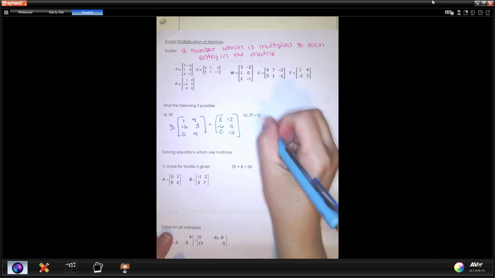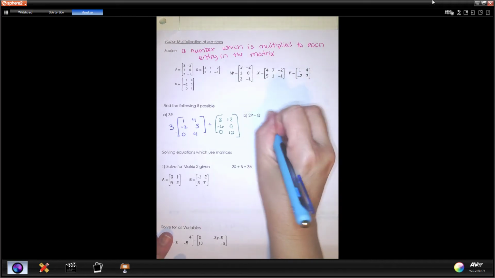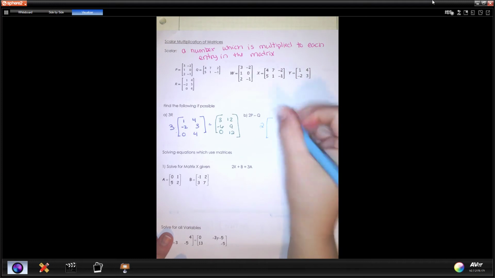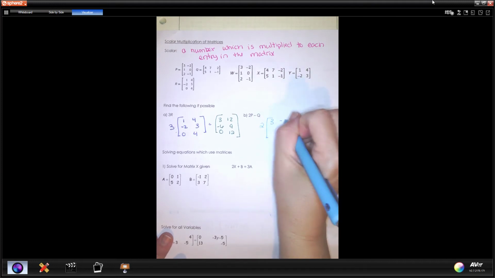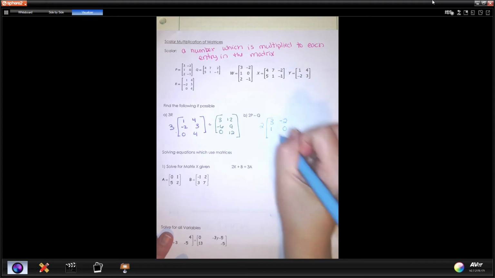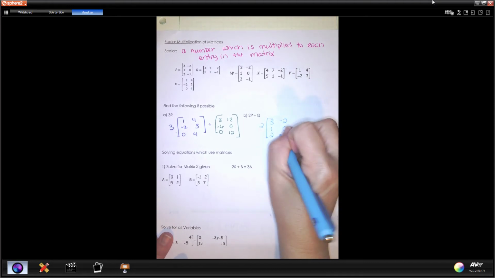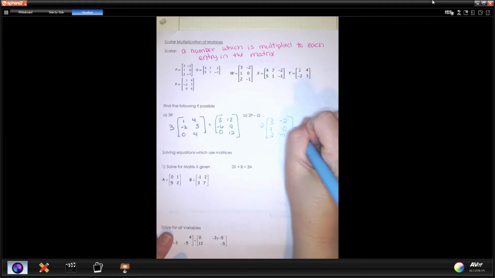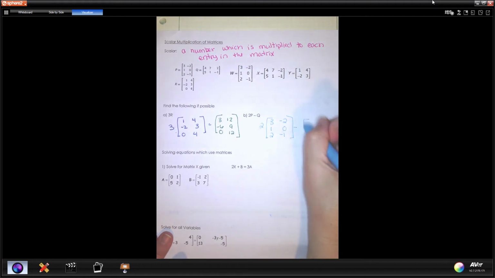But if this is saying we're going to go 2 times matrix P, which is 3, negative 2, 1, 0, 2, negative 1. And from that, we're going to subtract matrix Q, which is 4, 7, 2, 5, 1, and negative 1.